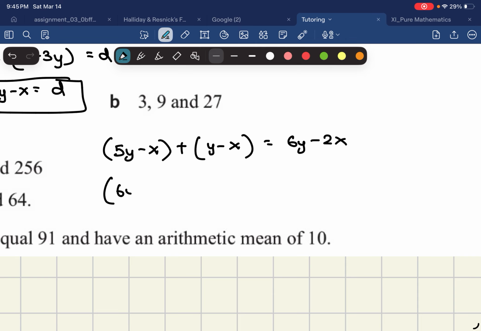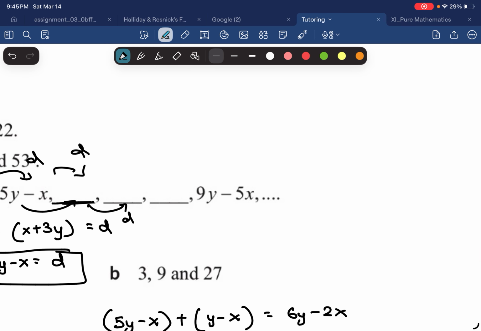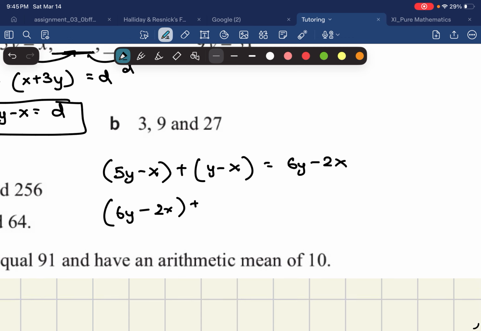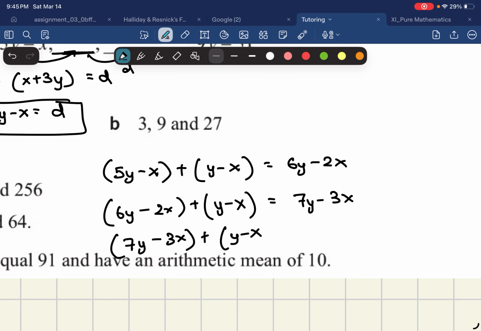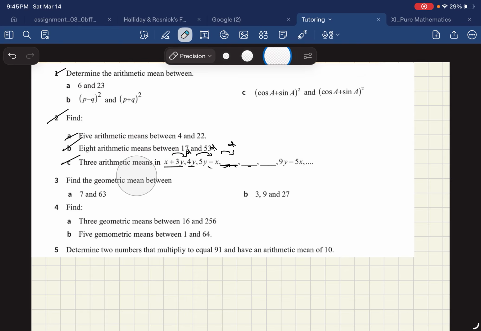To go to the next blank, I need to add d again. 6y minus 2x plus y minus x is equal to 7y minus 3x. And for my last blank, I need to go one more: plus y minus x. And that gives me 8y minus 4x. So these are our three arithmetic means. Alright, we're done with question 2.